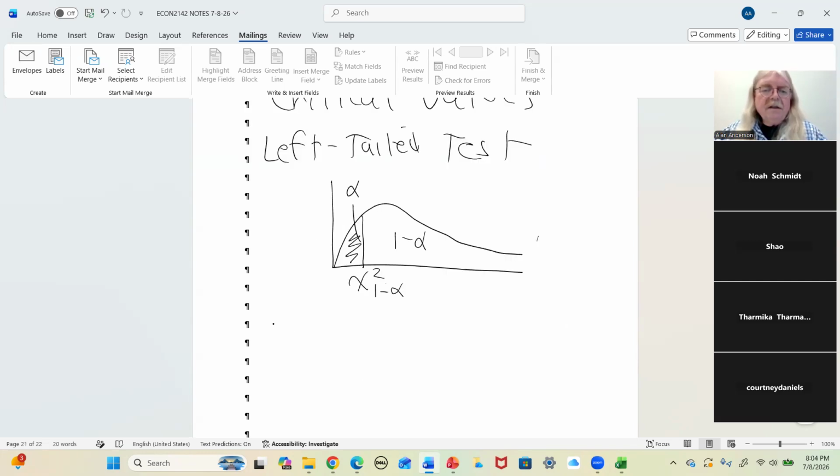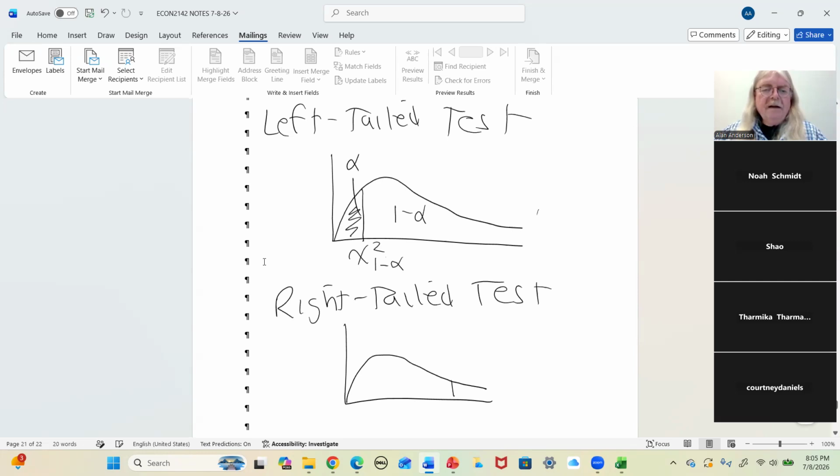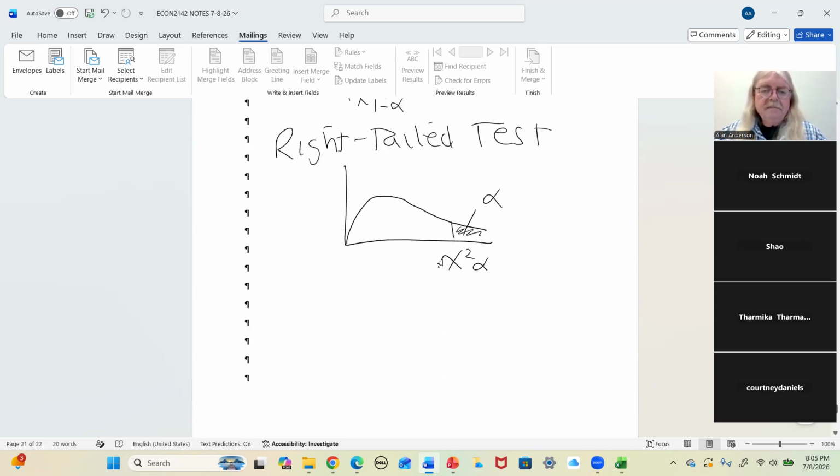The right tail test, so this time alpha is in the right tail. That's our critical value then. And for the two-tail test, as always, we split the alpha in half.